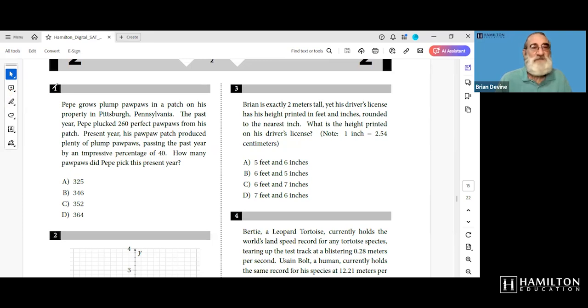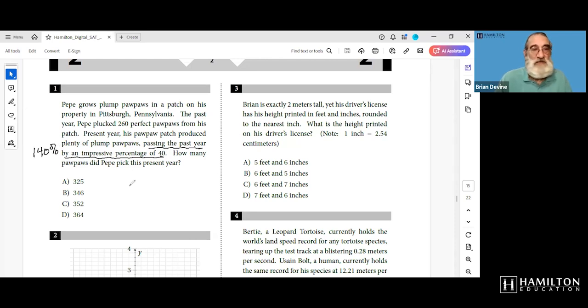Well, you got to figure, despite the tongue-twisting presentation, that he passed his past year by 40%, which means this present year is 140% of the past year.